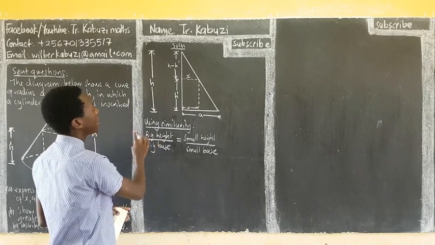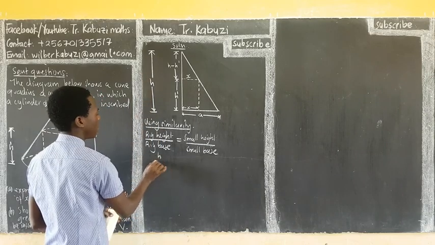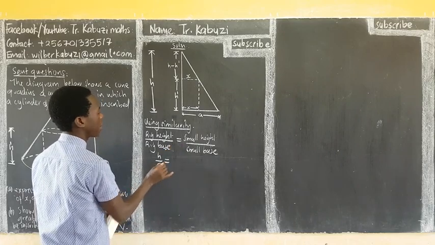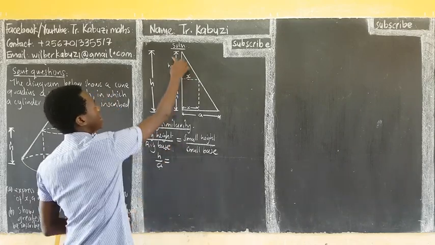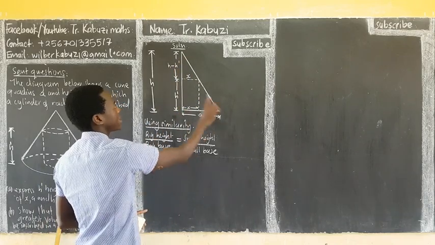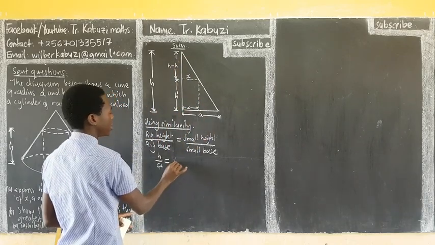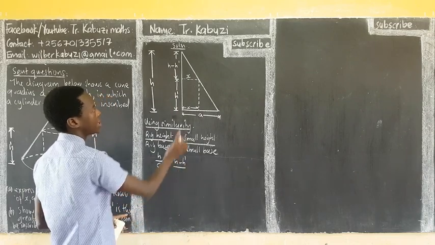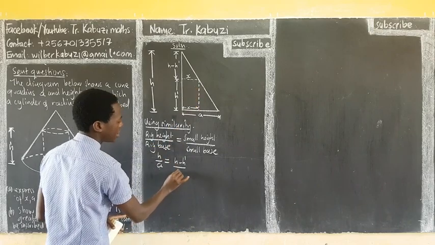So you can see that the big height from here to here is h of the big triangle over a, equal to the small height. So that our small height of this triangle, because it's the one which is similar to this big one, is h prime over the small base. The small base is this, which is x.